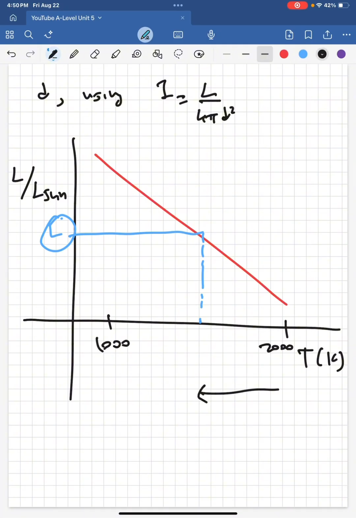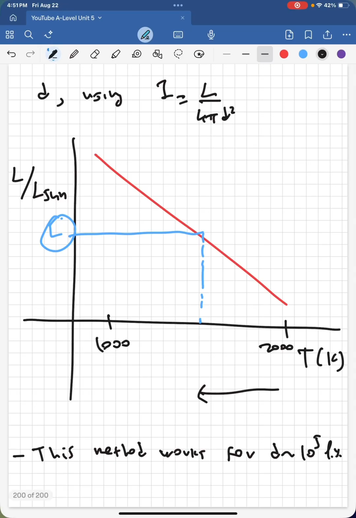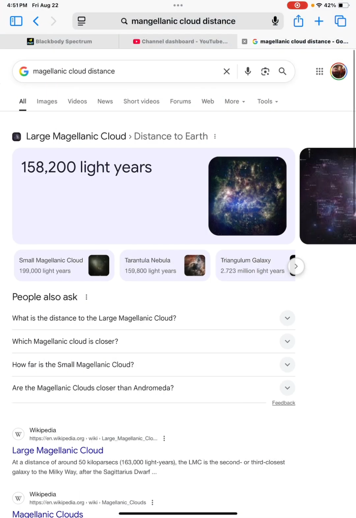And before looking at the internet to find spectra, let's mention that this method works for distances up to and including about 10 to the 5 light years.